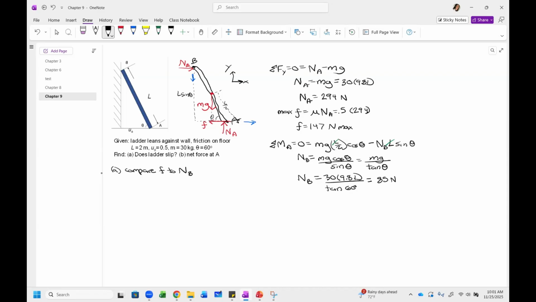Or is it too small and it slips? So we'll say friction compared to normal force at B. Our max friction force is 147 newtons, and the normal force at B is 85 newtons. Max friction is greater than the normal force at B, and so no slip.